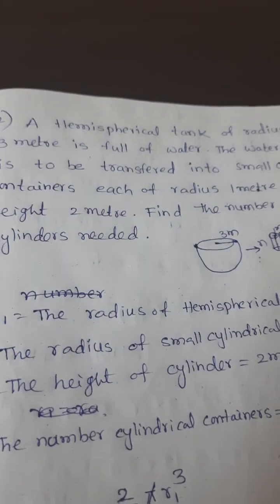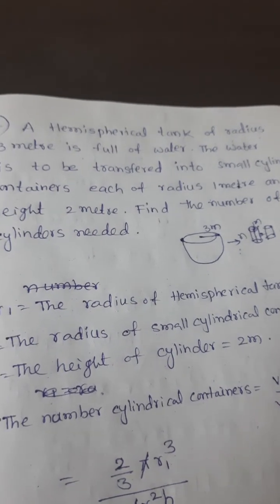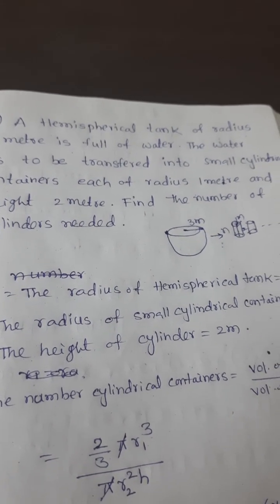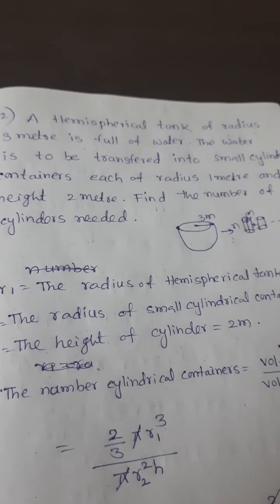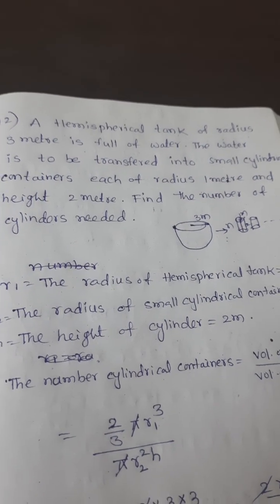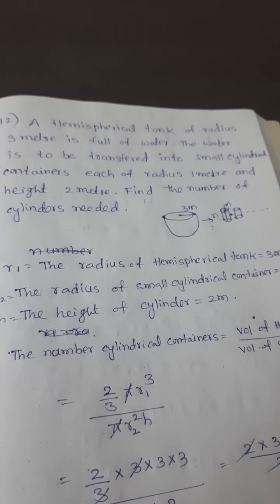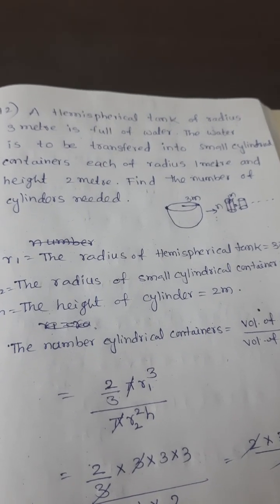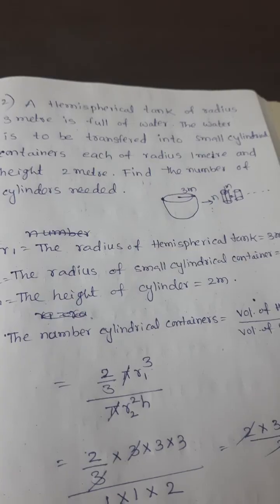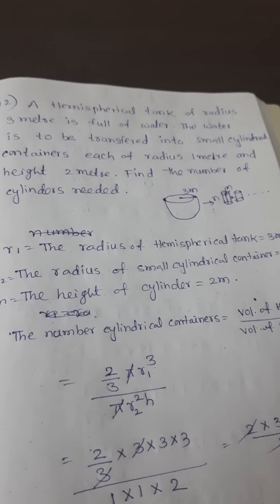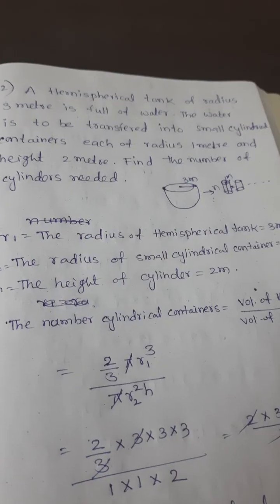Next, 12th question. A hemispherical tank of radius 3 meters is full of water. The water is to be transferred into small cylindrical containers, each of radius 1 meter and height 2 meters. Find the number of cylinders needed.